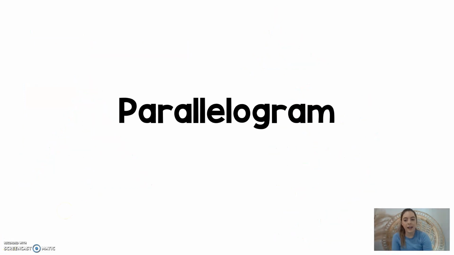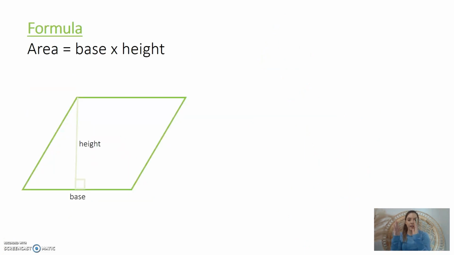Our next shape is a parallelogram, which is a rectangle that has been shifted a little bit on its side. So we don't use the length here, we actually use the height of the shape and the base of the shape. So our formula is area equals base times height, making sure that we're using the length that is at a right angle here.